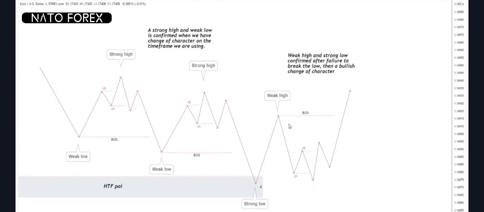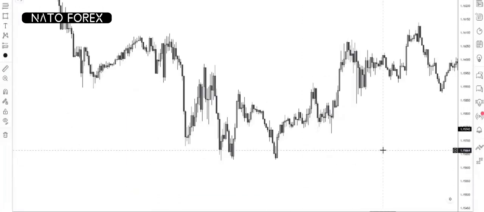Why? Because this high didn't have enough sellers to take this low. This is now our first target. Now I just want to go over that to show you guys on a diagram, because sometimes it's easier. Some people learn better like that. But let's now have a look at the chart.